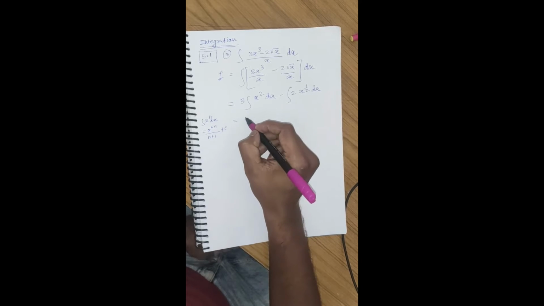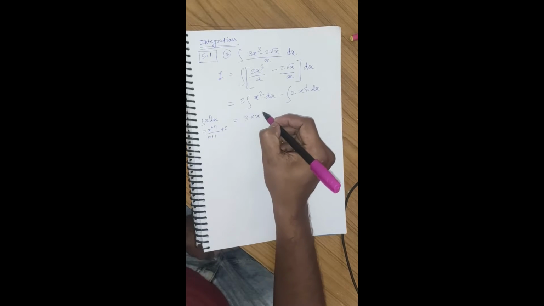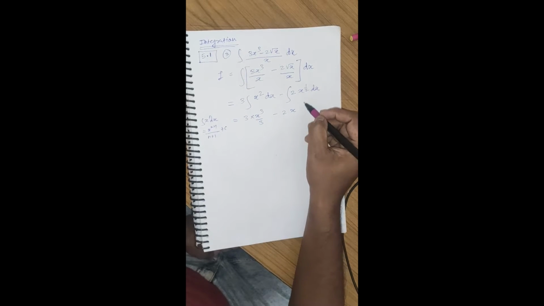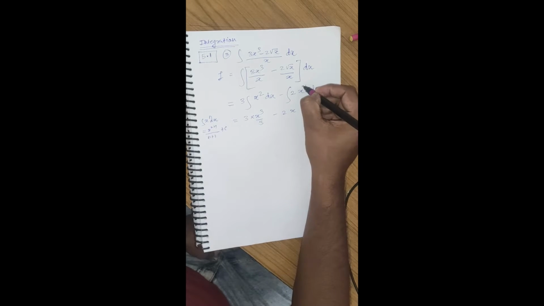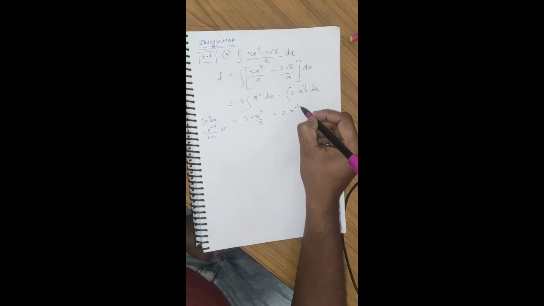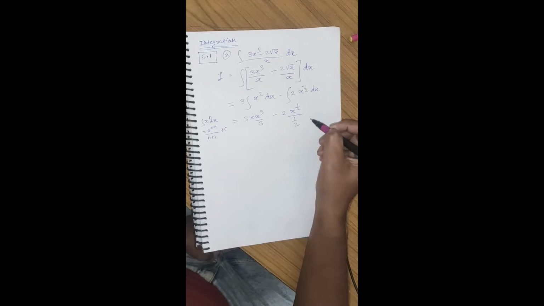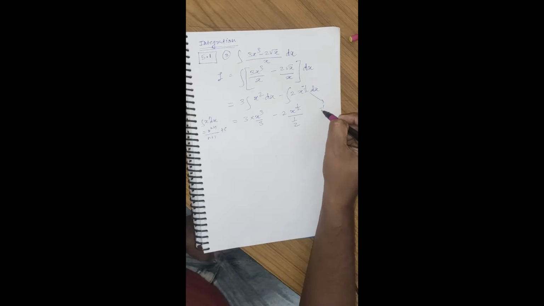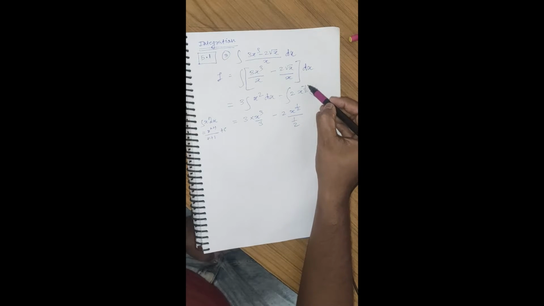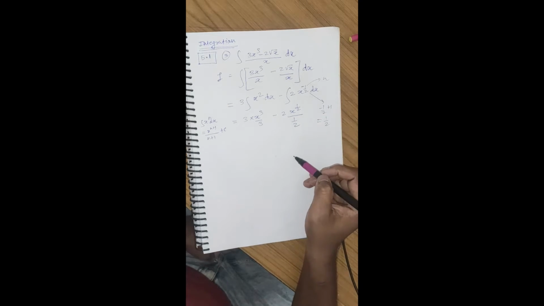So this is 3 into x cube by 3 minus 2 x raised to, sorry, this is minus 1 by 2, which will make that 1 by 2 divided by 1 by 2, because minus 1 by 2 plus 1 is equal to 1 by 2. So this is our n.